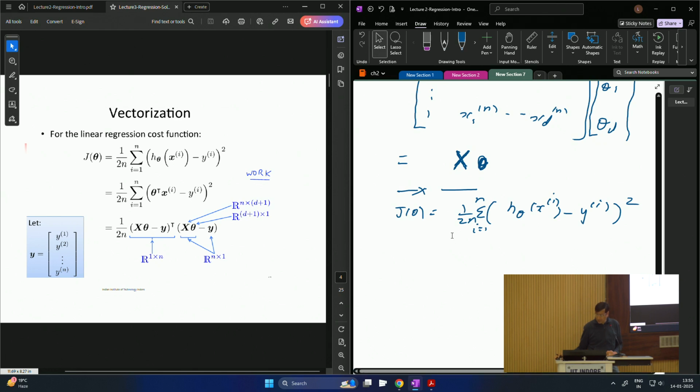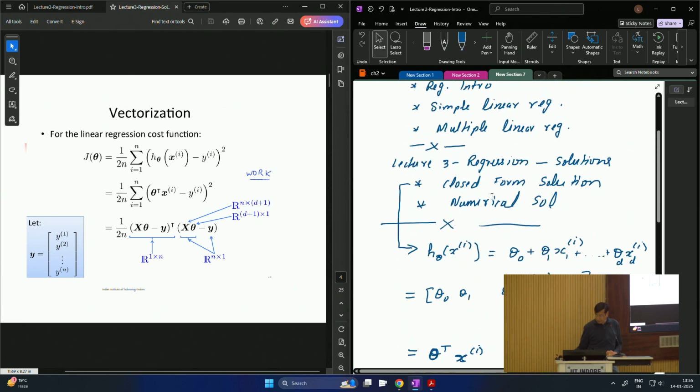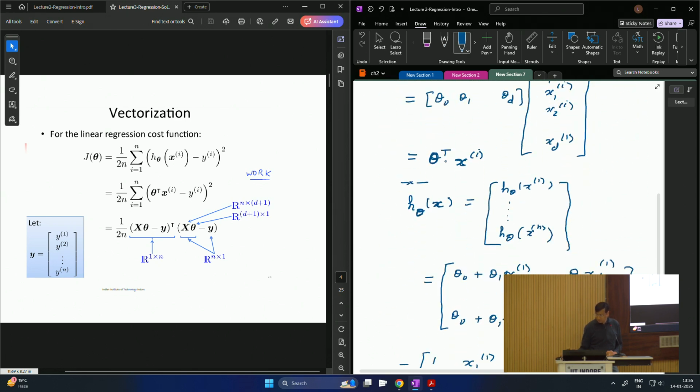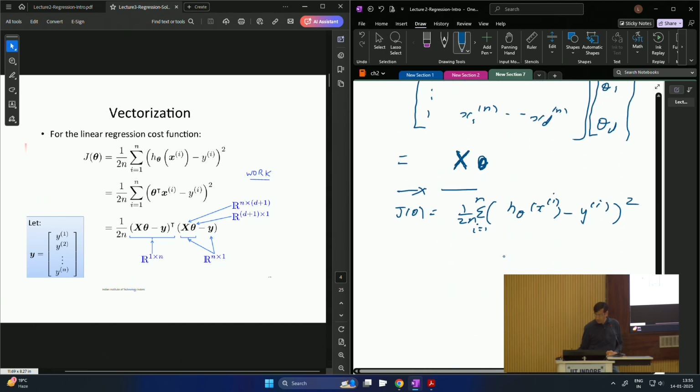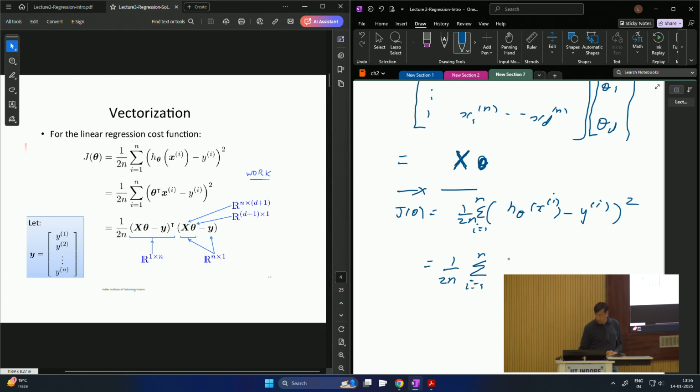Now h theta of xi, what have we written earlier? It is theta transpose xi. So I'm going to substitute that. So this will be 1 over 2n summation of i going from 1 to n. Instead of h theta xi, I'll write theta transpose xi minus yi. Everybody with me? This is what we just computed.